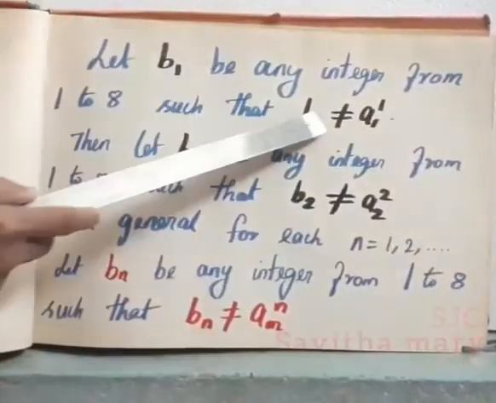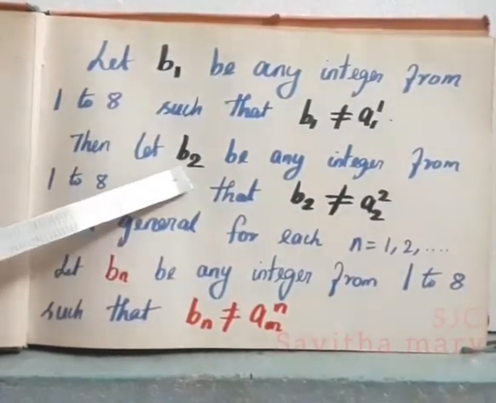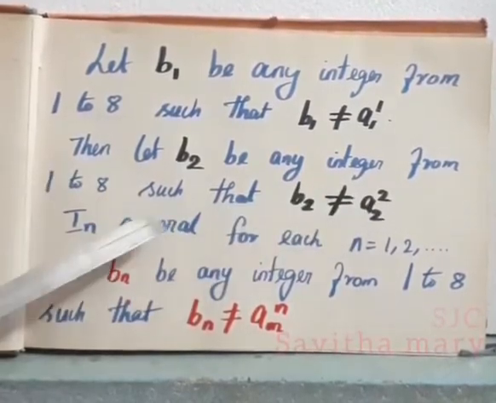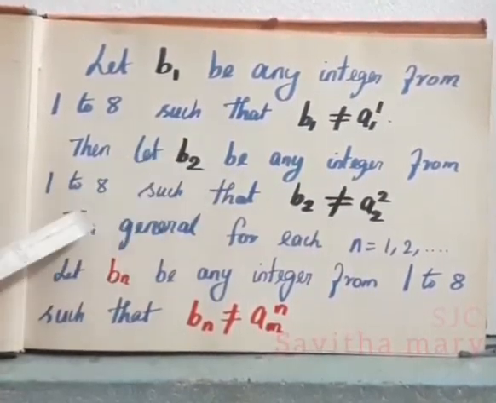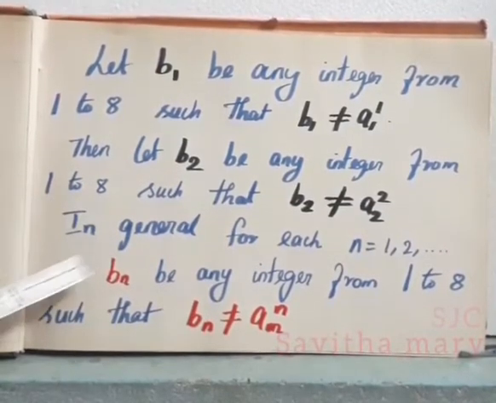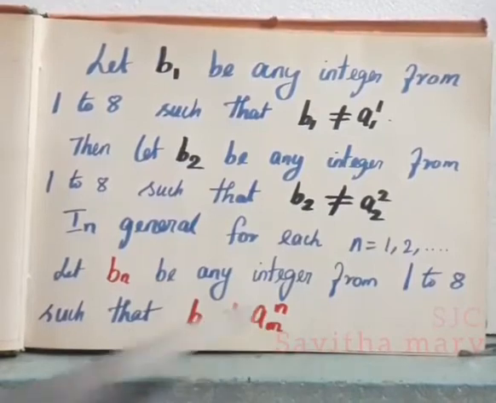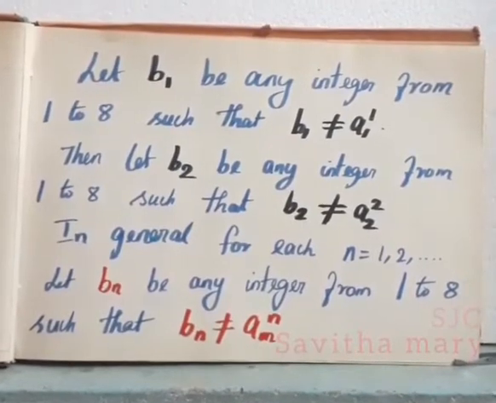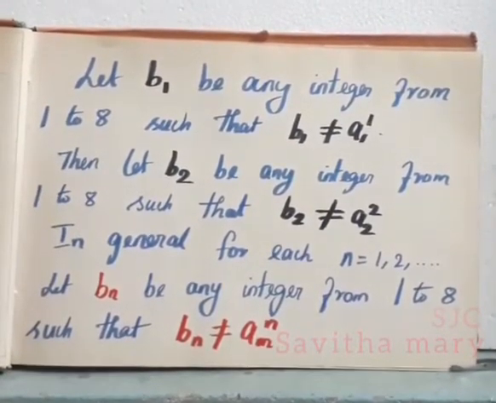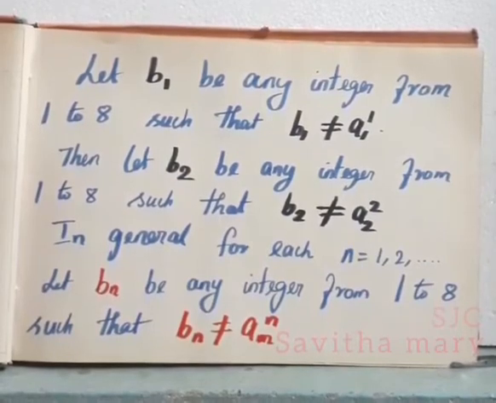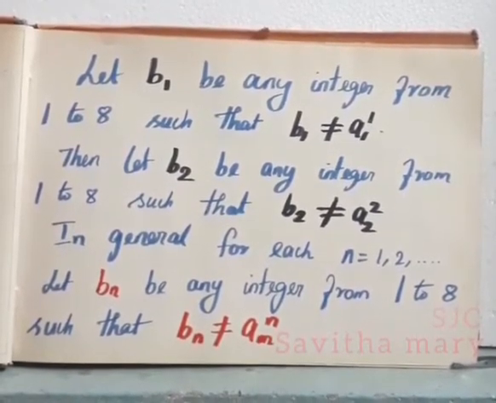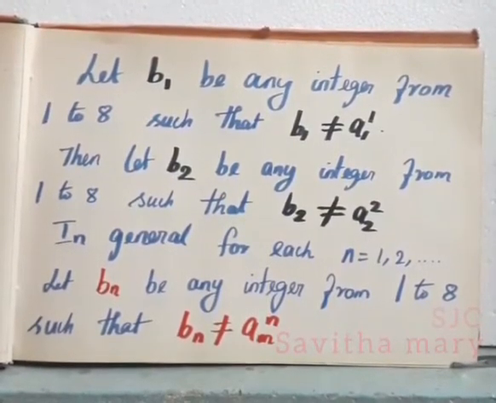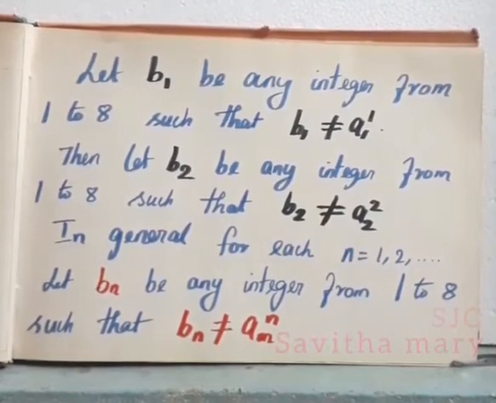Here b1 is not equal to a11. In the same way, b2 is not equal to a22, with b2 an integer from 1 to 8, and in general bn is not equal to ann. Here I am avoiding the digit 9, because if I make a sequence terminating in 9, it may equal a number in the list of xi's.